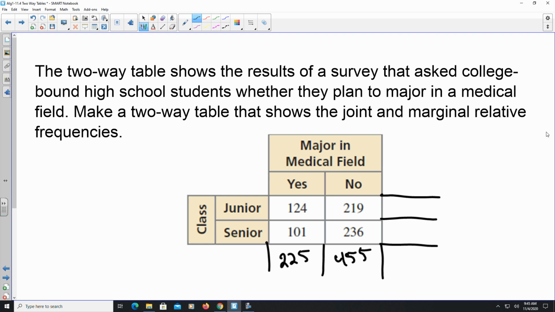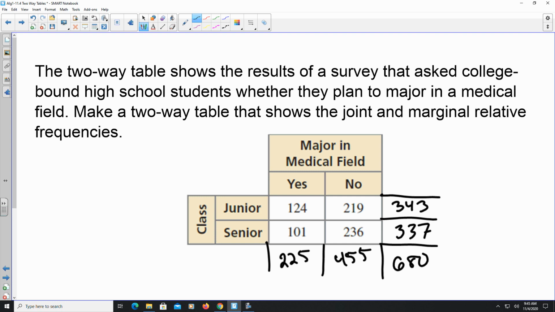When I added those together, I would get 680. Let's see here. So 101 plus 236 is 337. And then 124 plus 219 is what, 343. All right.